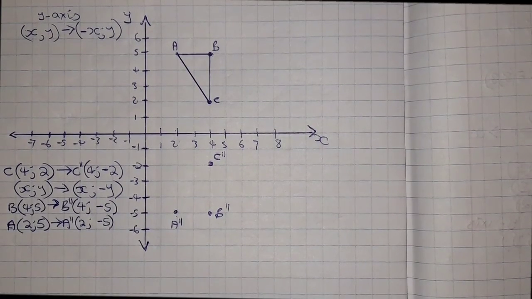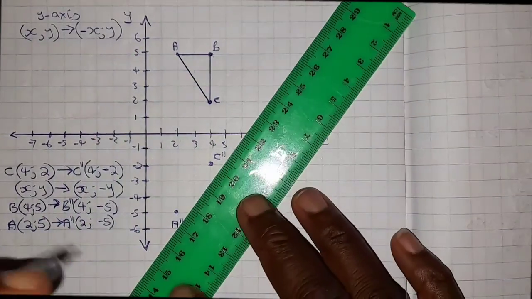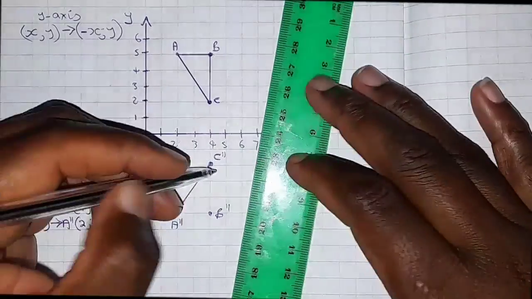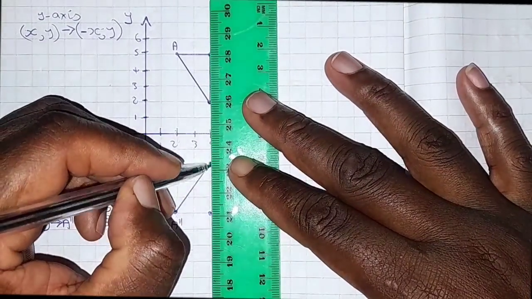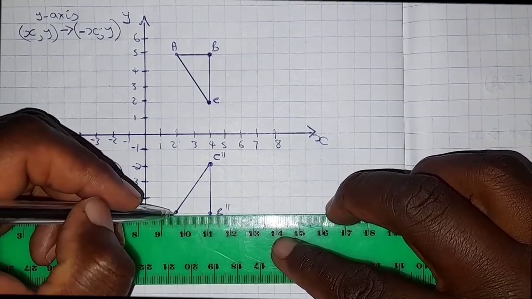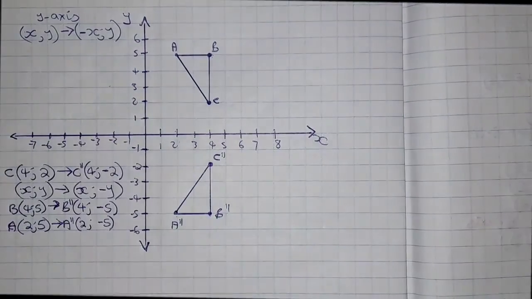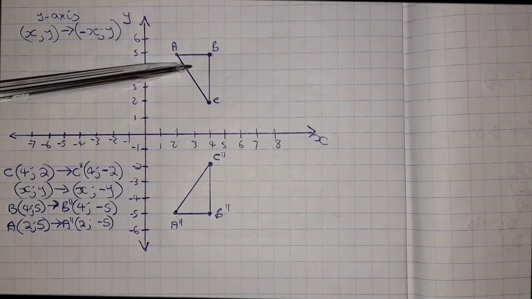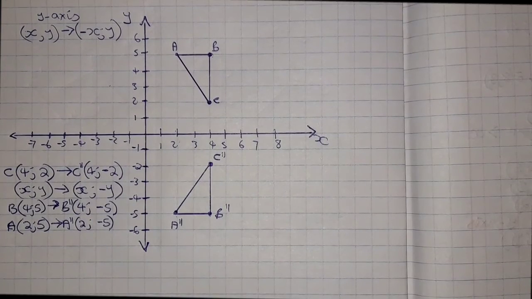And then we join the 3 points to create our triangle, which is the reflection of triangle ABC in the x-axis. So this is the reflection of ABC in the x-axis.